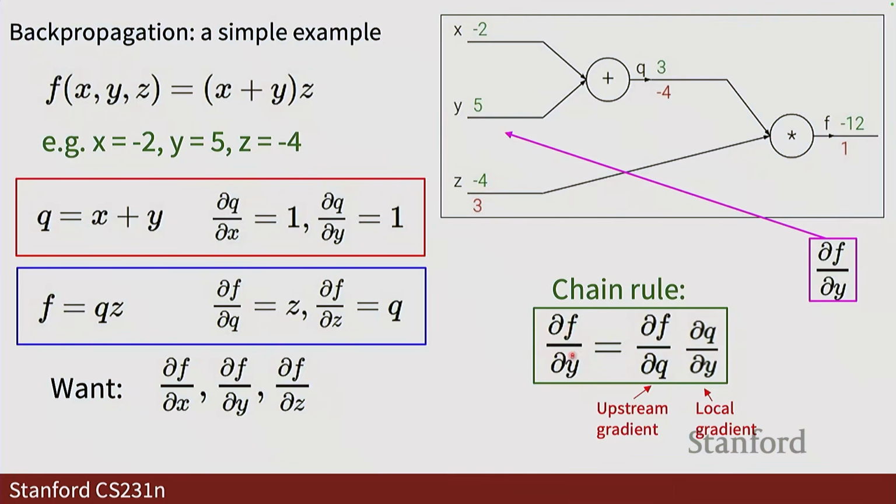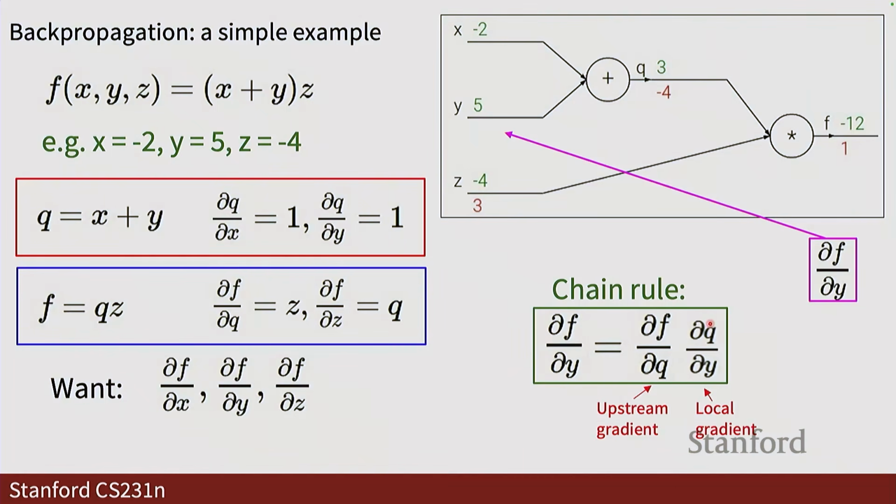So partial f by y equals partial f by q times partial q by y. This is how the chain rule can be written in this case.